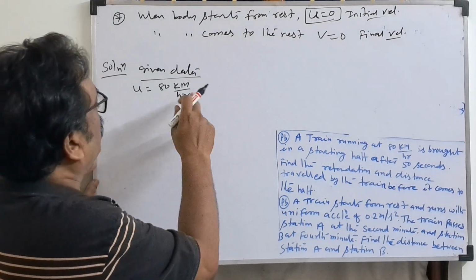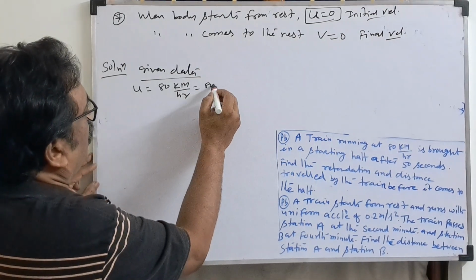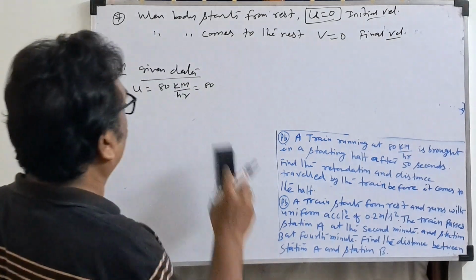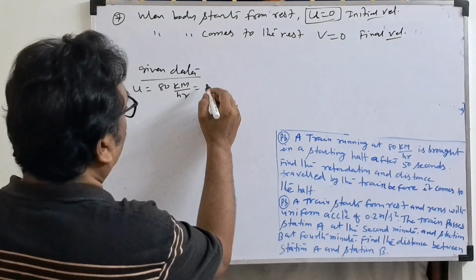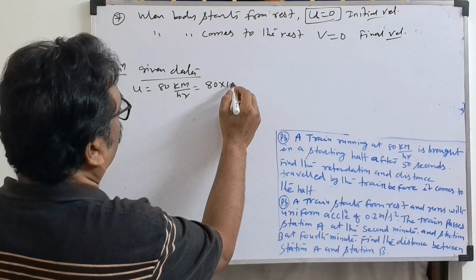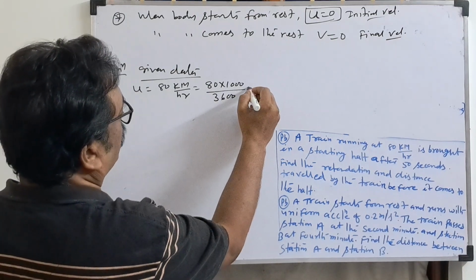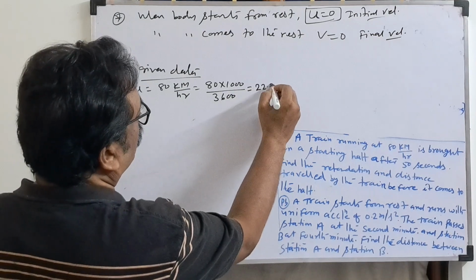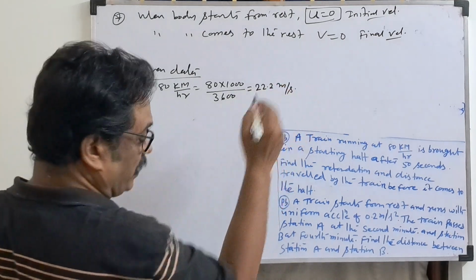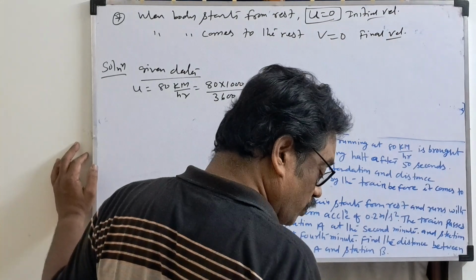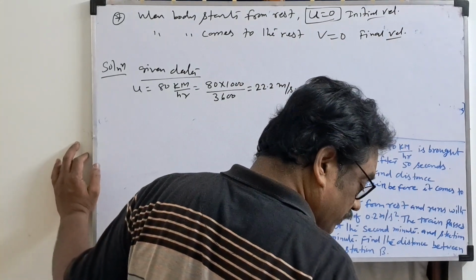How to convert to meter per second? 80 kilo means 10 power 3, so 80 into 1000, and 1 hour is equal to 3600 seconds. If you solve, it will come 22.2 meter per second.